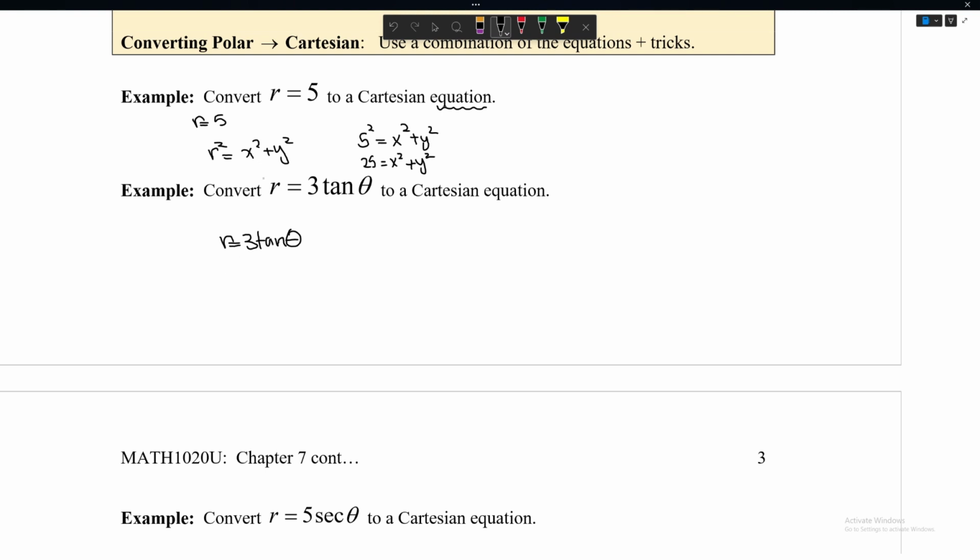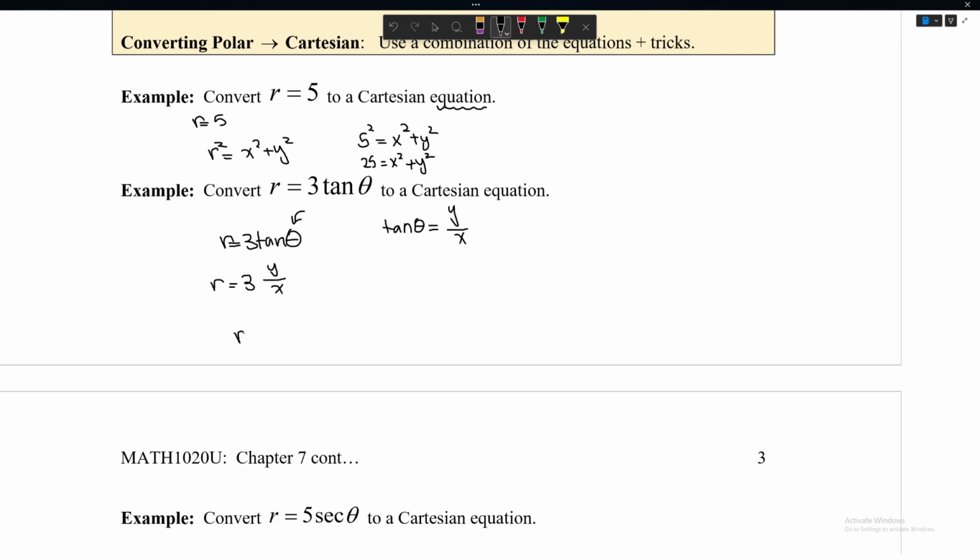Technically, that would work, but we can convert this directly. Since we know tan theta equals y over x, I can replace this. So now I have r equals 3 y over x.